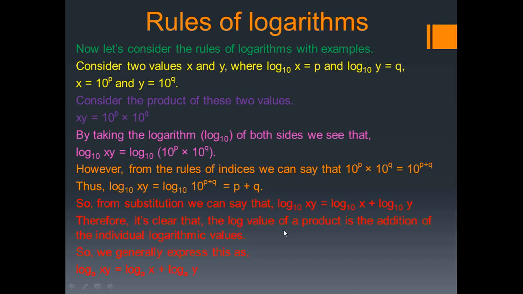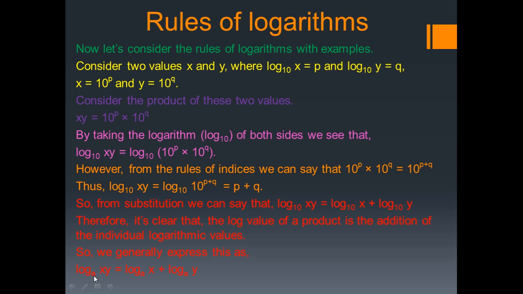For a log to any base, if you have a product inside that log, what generally happens is that we write the logarithm to the same base of the first term x, plus, as in the case of powers, if you multiply you have to add the indices, and here also if you multiply you have to add the logarithms, and you take the log to the same base of the second term. So similarly you can write finally log xy to the base a as log x to the base a plus log y to the base a.